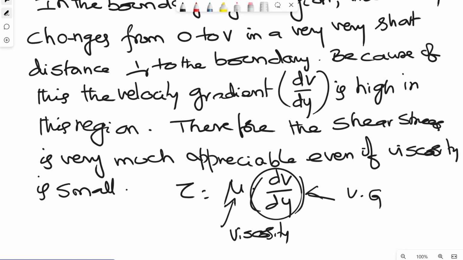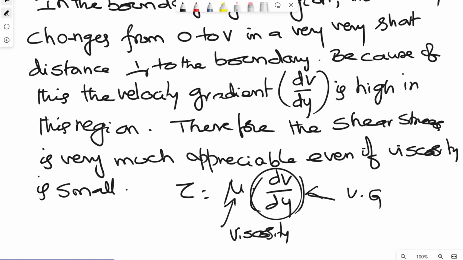Even if the viscosity is very small, the magnitude of shear stress will be very high. So that is why this zone is very important. Adjacent to the boundary, even if the fluid has low viscosity, the shear stress is very high because of the velocity gradient. From where has the velocity gradient come? Because the boundary layer has formed.